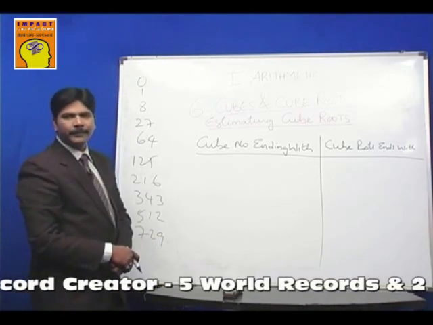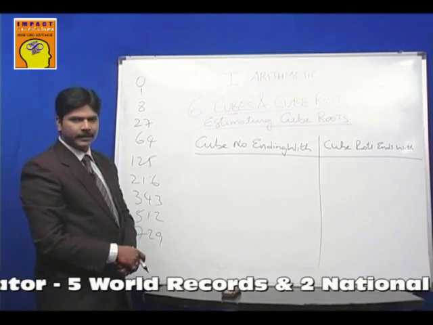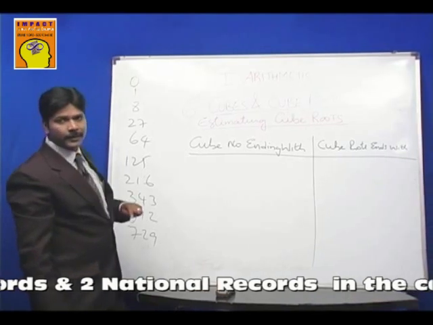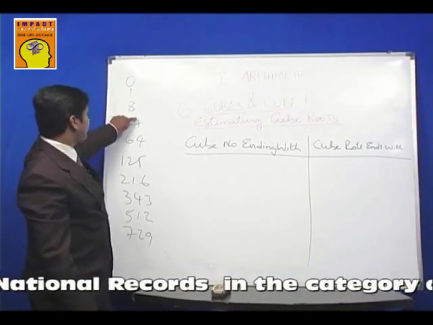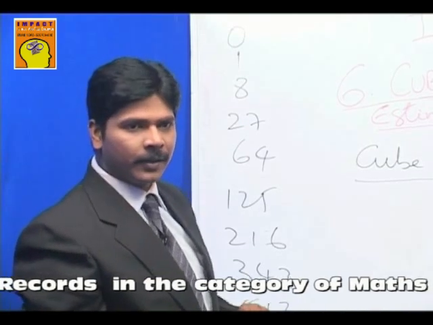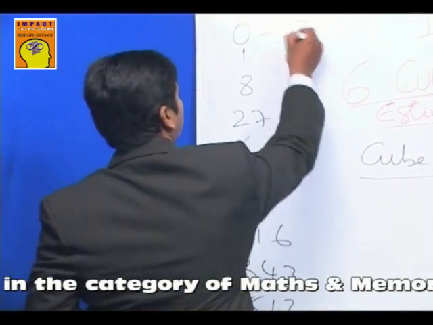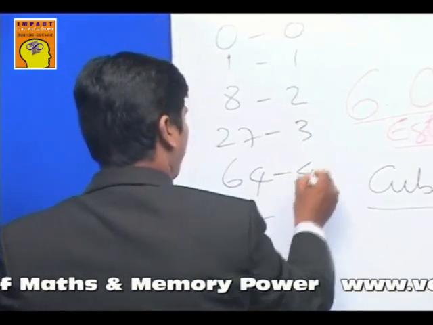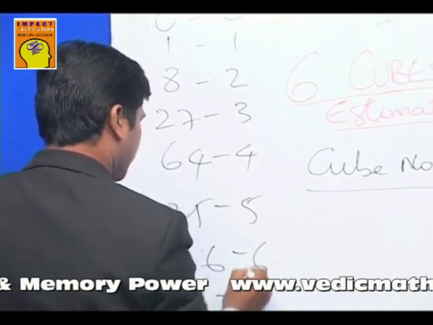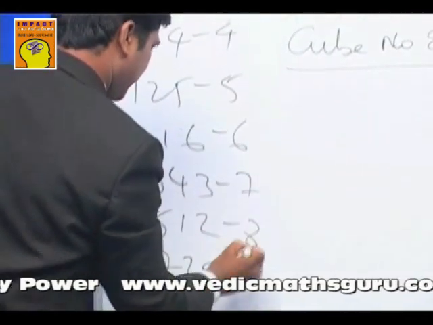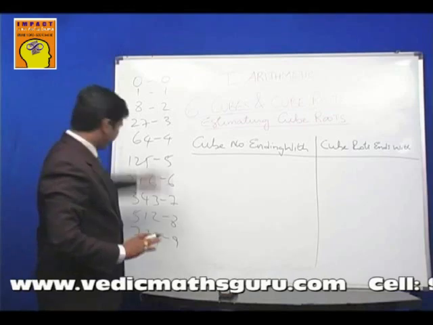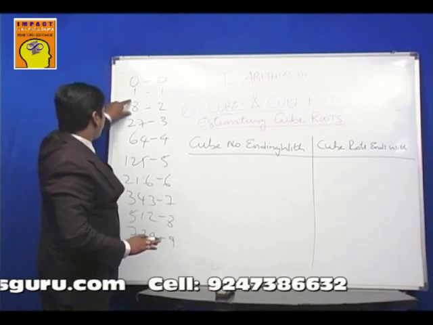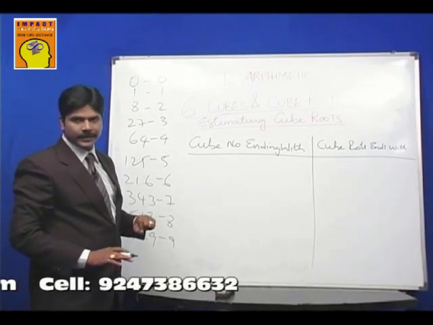Only these numbers are perfect cube numbers. Numbers like 2, 3, 4, 5, 6, 7 are not perfect cubes. Numbers like 9 to 26 are not cube numbers. So cube of 0, cube of 1, cube of 2, cube of 3, cube of 4, 5, 6, 7, 8 and 9, we can just go ahead like this. Only these numbers form perfect cubes, not all the numbers.